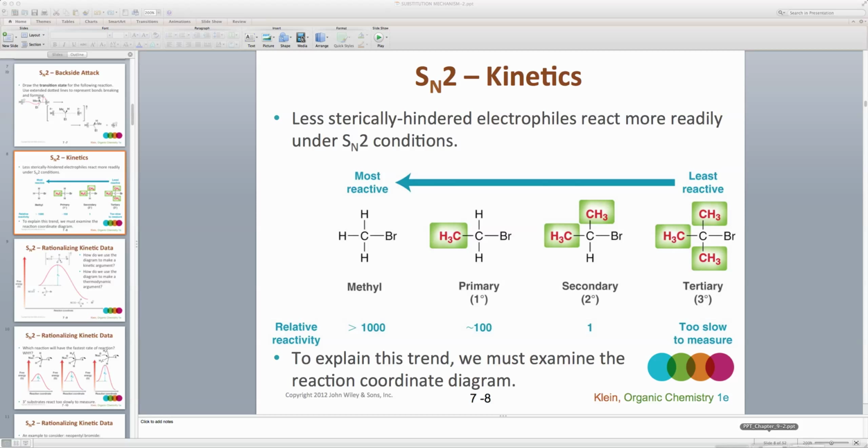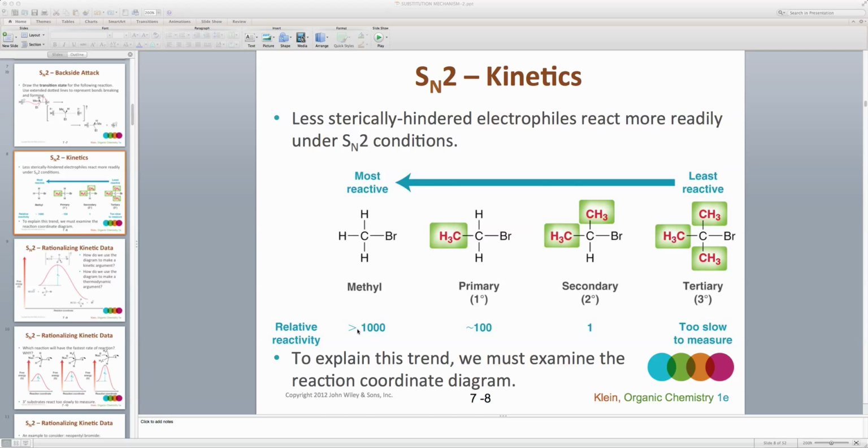Second point is that it really depends on the nature of the electrophilic carbon. For example, we want relatively unhindered substrates so that backside attack is not going to be blocked.